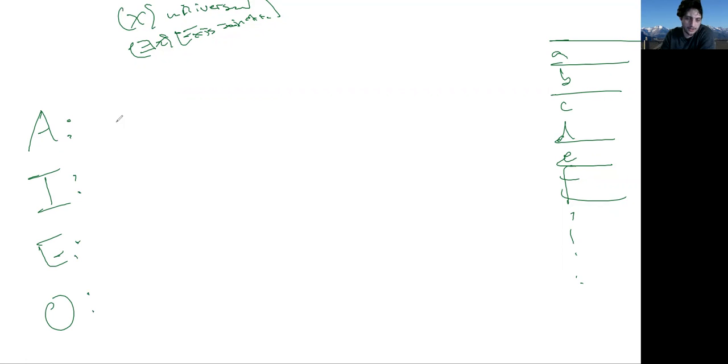So here, these aren't predicates. These are just names for these specific typical forms. And remember, A would be all P's are Q's. So here, P's and Q's represent classes of things. So all dogs are mammals, right?